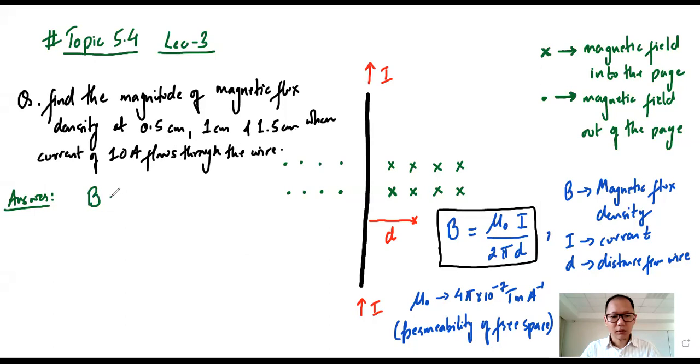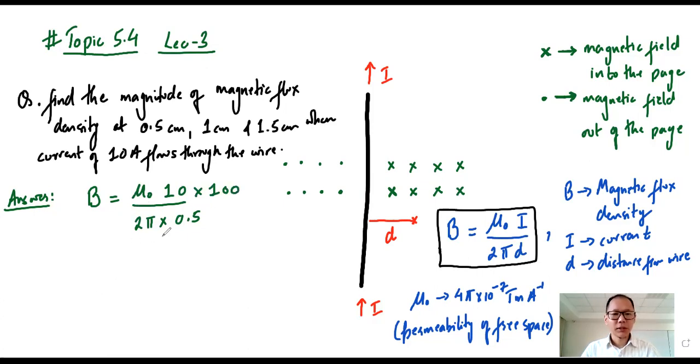So in order to calculate the magnetic flux density, the current is just 10 amp. So I'll just put 10 amp here and 2 pi times the d. So d is 0.5 centimeter. So let me just convert this into a meter, so I can just do 0.5 divided by 100.